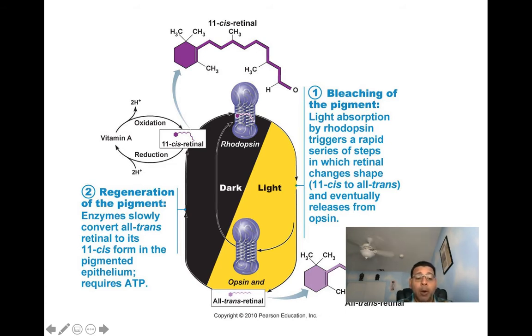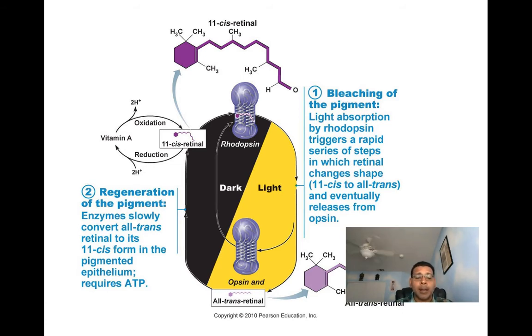Next, we have our all-trans retinol. Our all-trans retinol is formed once light hits our visual pigment. The capture of light by visual pigments initiates a chain of chemical and electrical reactions in our rods and cones that ultimately cause electrical impulses to be transmitted along the optic nerve.